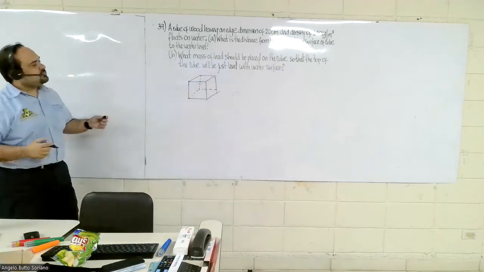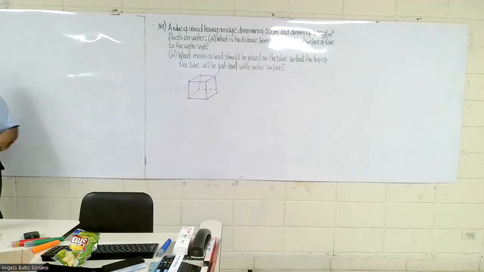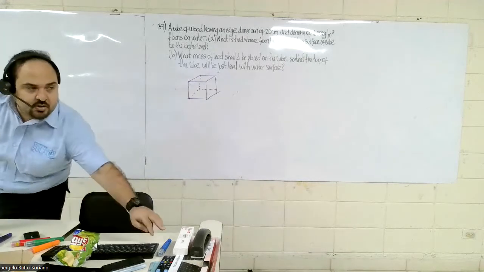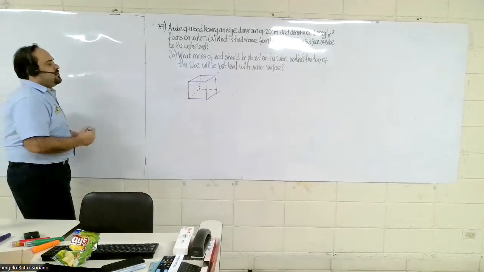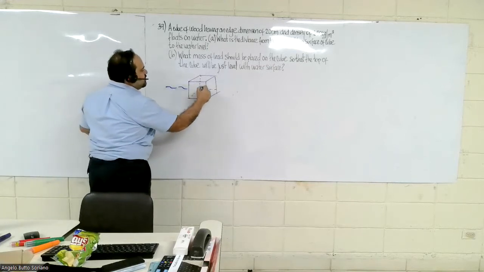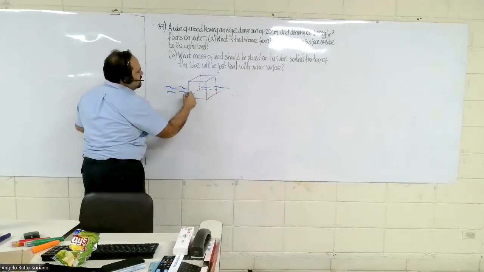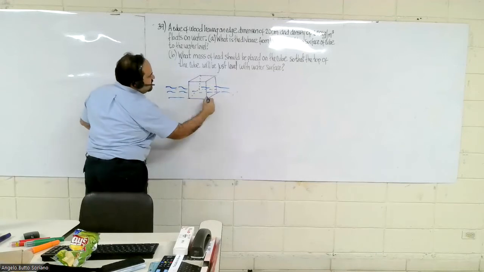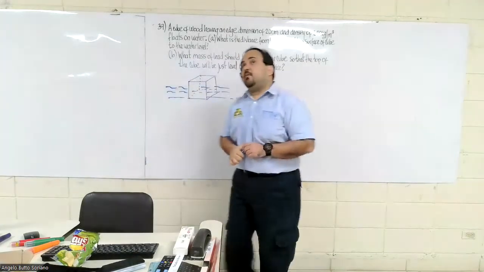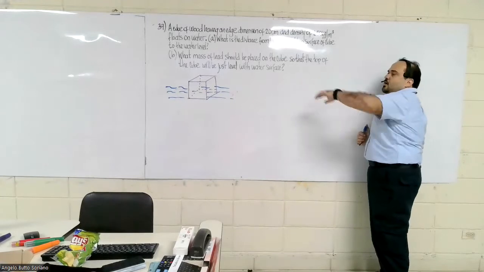Okay. This is the cube, right? And some part of this cube is supposed to be submerged in water. This is water. According to what the problem mentioned, this is the water, this is the cube.